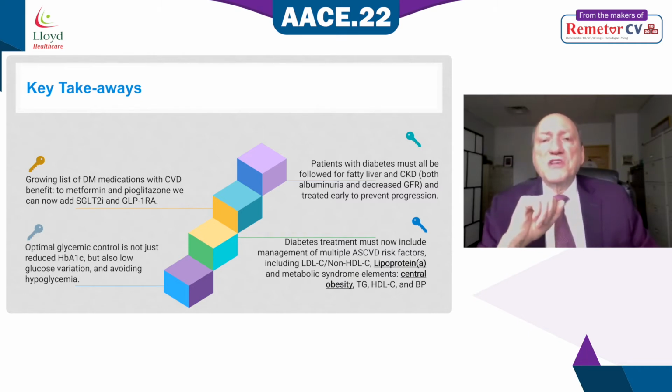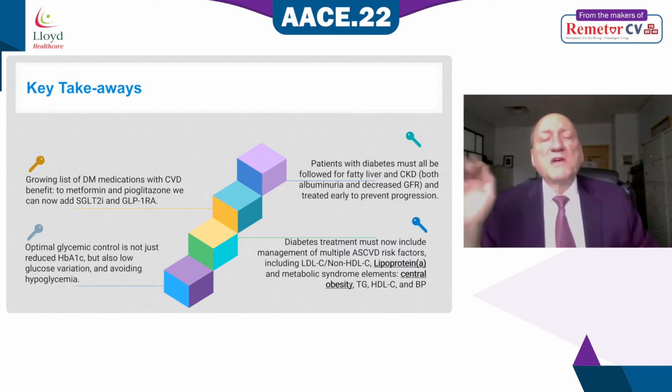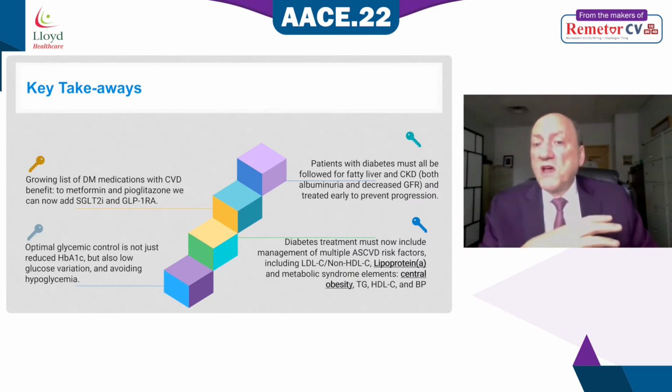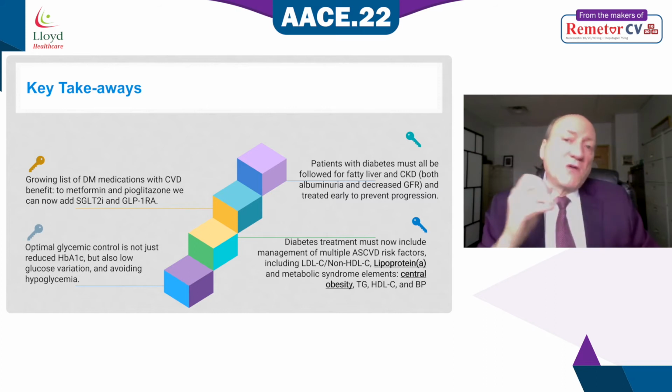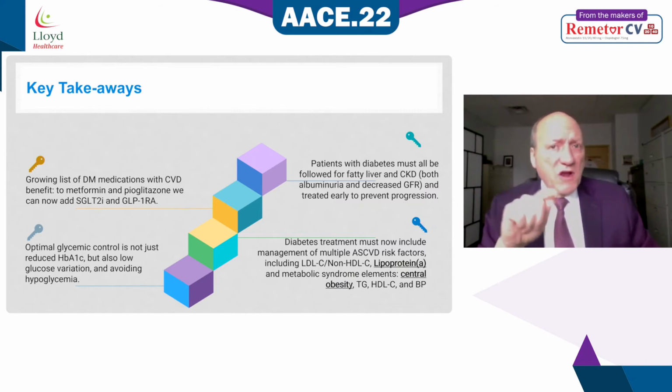Patients with diabetes are all at very high risk for fatty liver. This is especially common among South Asians, even who don't have diabetes yet. Pioglitazone is excellent for fatty liver, which is one reason why I use it so much, and I suggest that you do. We should follow for the development of chronic kidney disease.